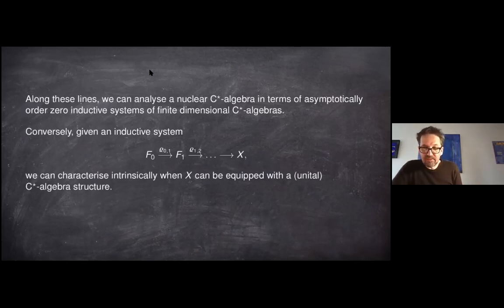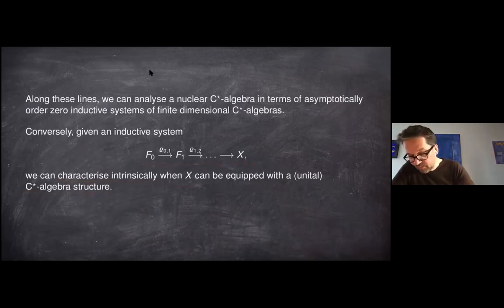But what I haven't addressed so far is whether, if we're given an inductive system like this, we can characterize intrinsically when X can be equipped with the C-star algebra structure. Let's look at the unital case only.